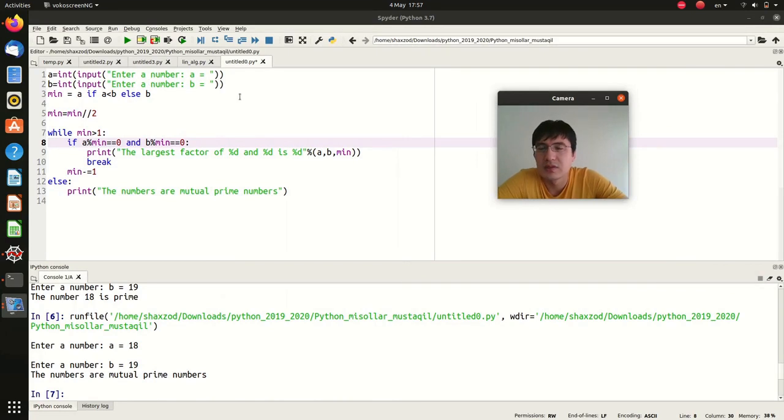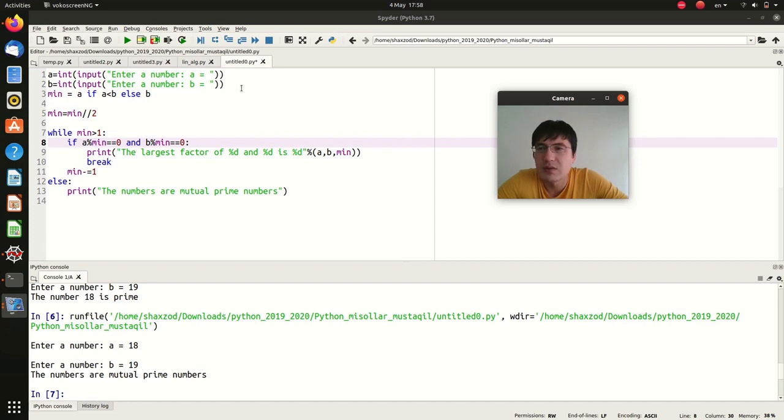This program is created for finding the largest common divisor of two numbers. First of all, the user must enter two numbers, for which the largest common divisor must be found.